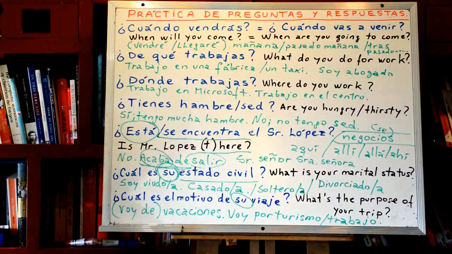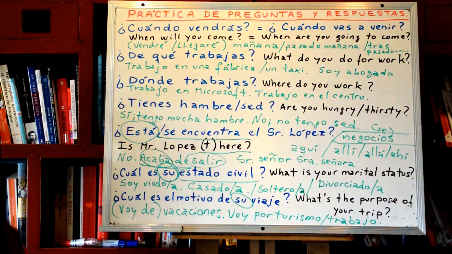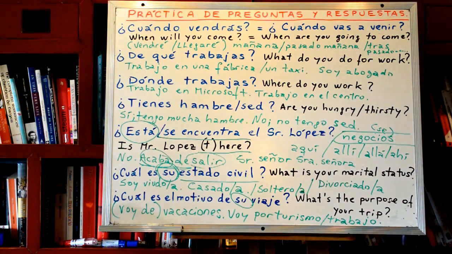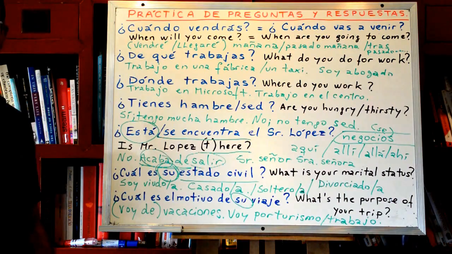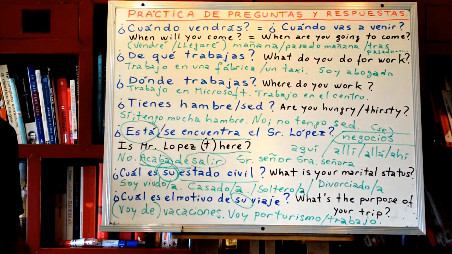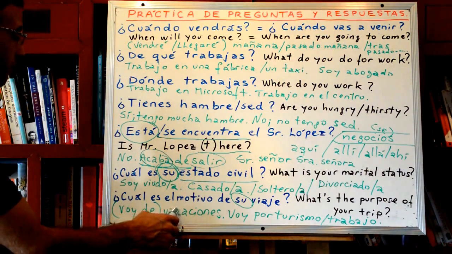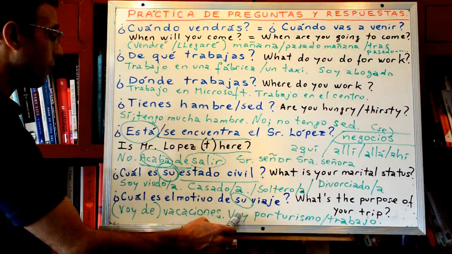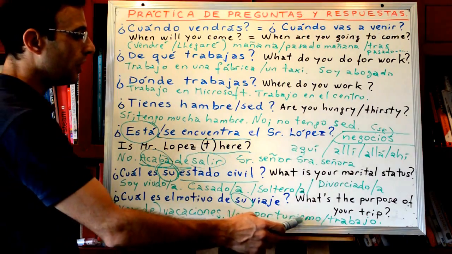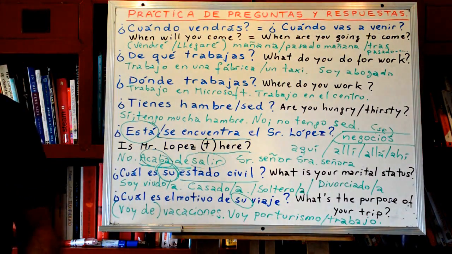So here some typical answers can be: voy de vacaciones. I'm going for vacations or on vacations. Or voy por turismo. I'm going for tourism, right? Or for sightseeing or whatever.